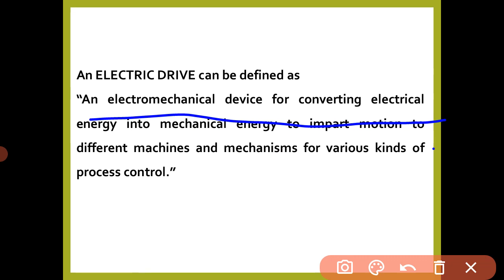For process control we require different machines, right? So such a device is called an electrical drive.